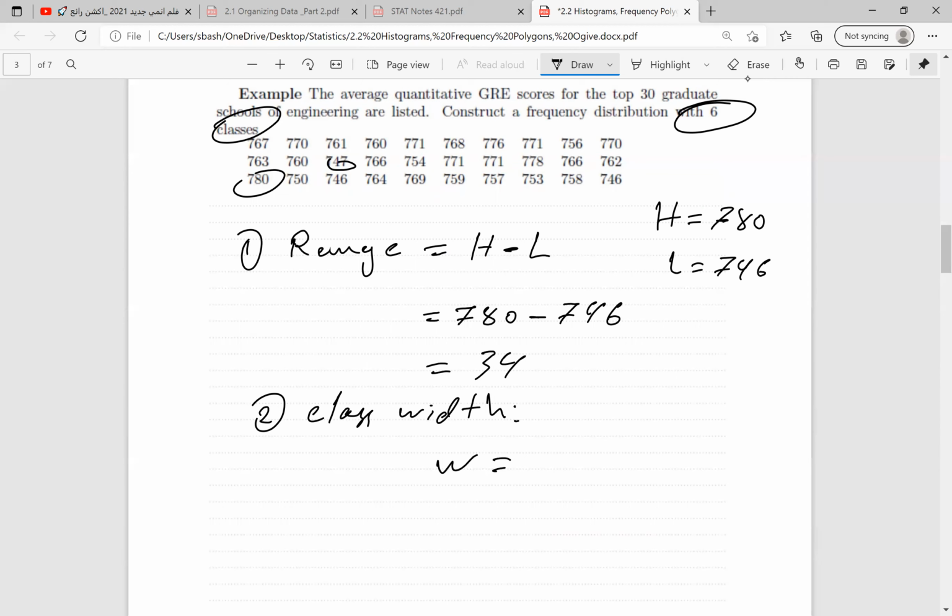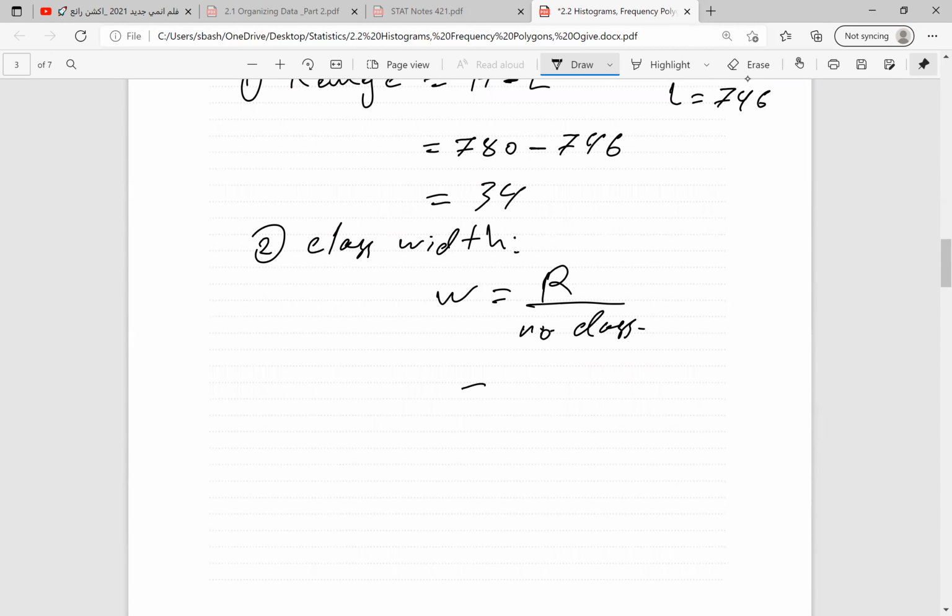The value is equal to the range divided by the number of classes, which is equal to 34 divided by 6, and 34 divided by 6 is equal to 5.7.